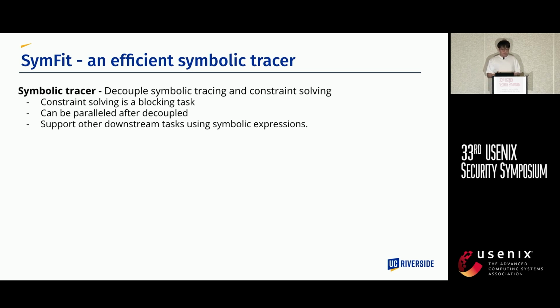Once we decouple them, this constraint solving part can be parallelized because most likely they're independent and they don't have much write contention. And more importantly, constraint solving is only one application using symbolic expressions; there are a lot of other downstream tasks that we can do once we decouple these two steps.